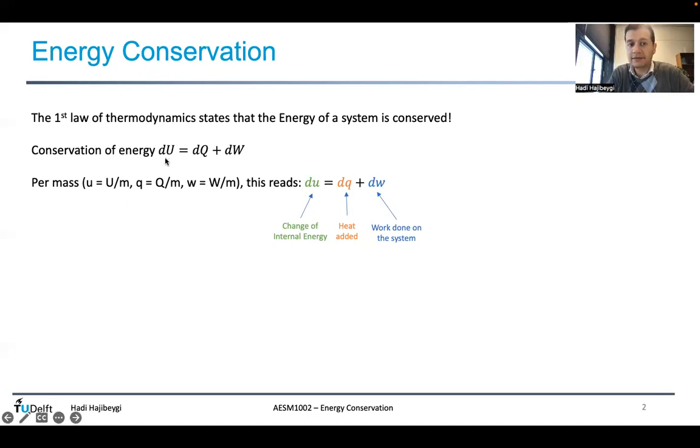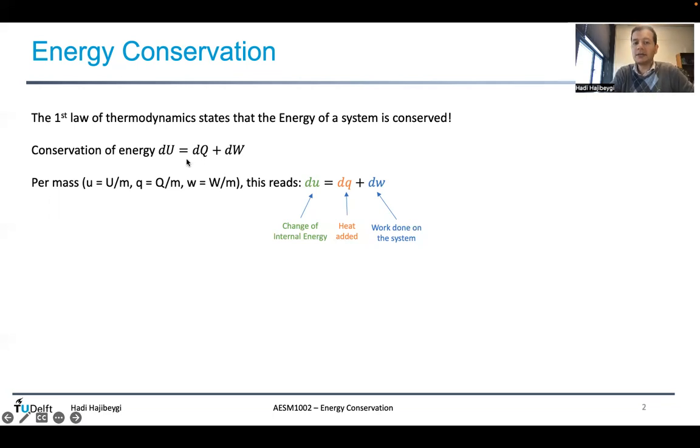So if we have a system that does not have any heat exchange with the external environment, or no work is done on it or performed by it, then its internal energy cannot change. The dU will be 0.